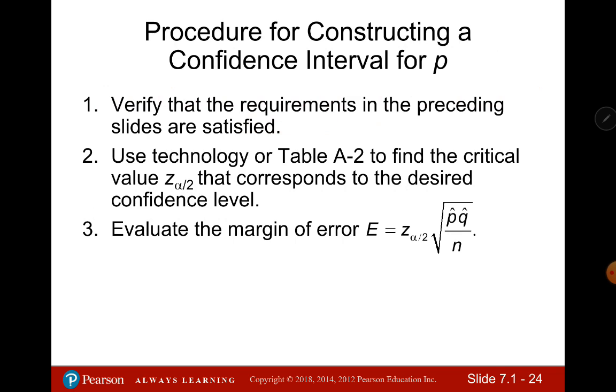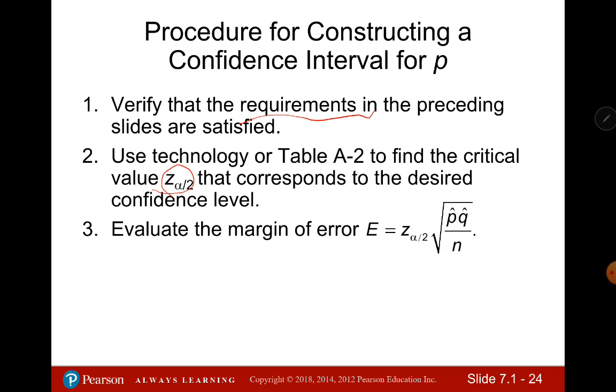So this is the procedure. Again, we check the requirements first, but in your test you can quickly skip this one because I will check the requirements. Second step, find the critical value. Again, here it's z sub half alpha, not alpha.